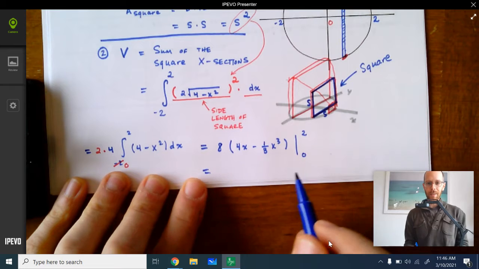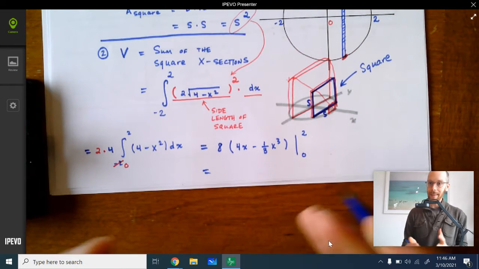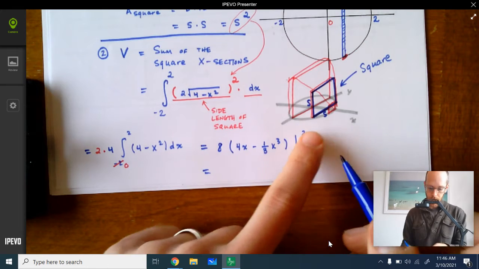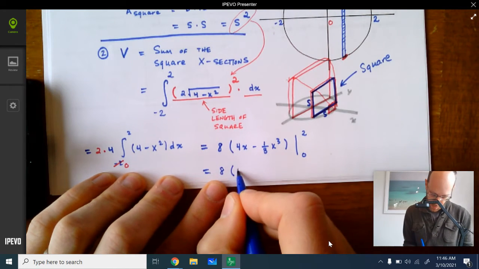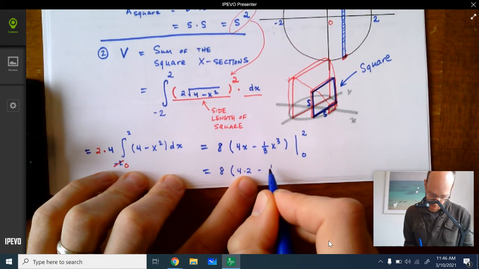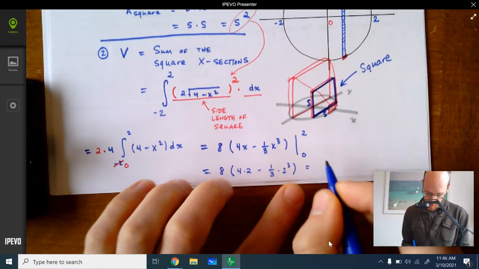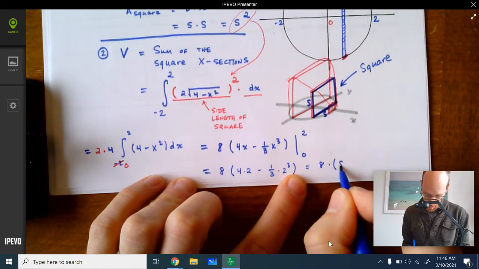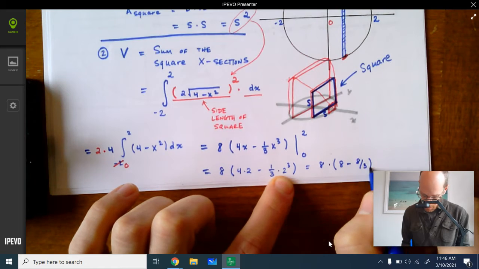Oh, having the 0 there is great because you can see that when we plug the 0 in, nothing's going to happen, right? So really all we have to do is plug in the 2. 8 times 4 times 2 minus 1/3 of 2 cubed is equal to 8 times 8 minus 8/3.